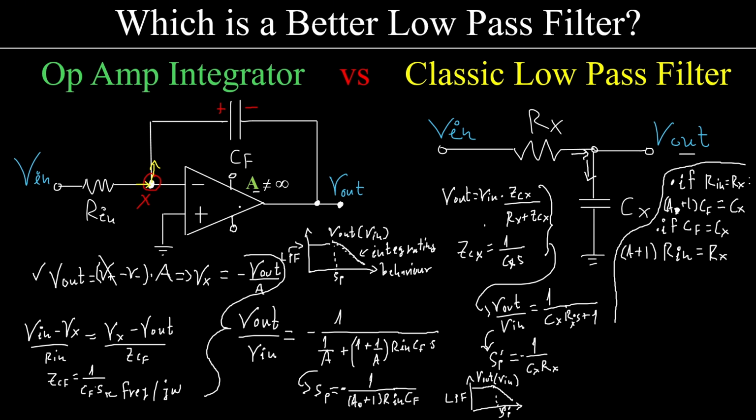So there is a trade-off here. We have to see which of the two is cheaper or better for our application, because these things again take some size, right? This has some size, but modern op-amps are quite small, but the capacitors can get quite large.